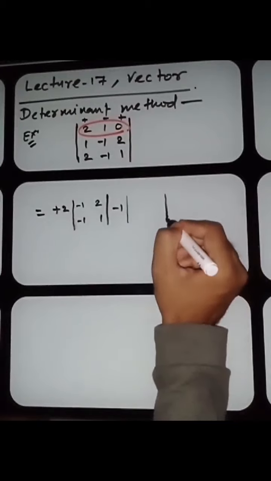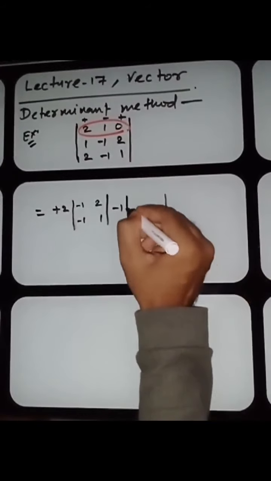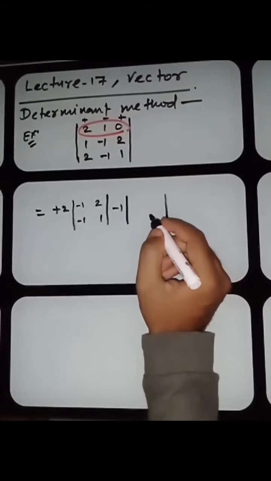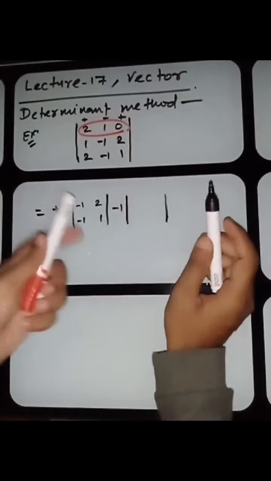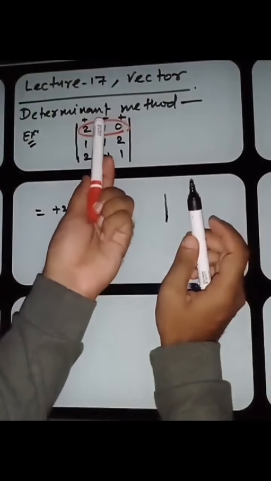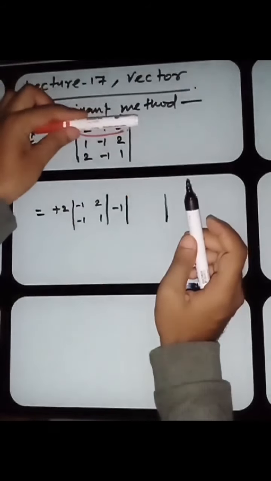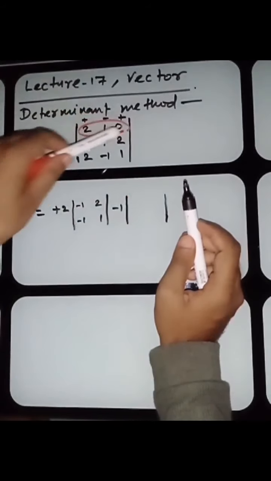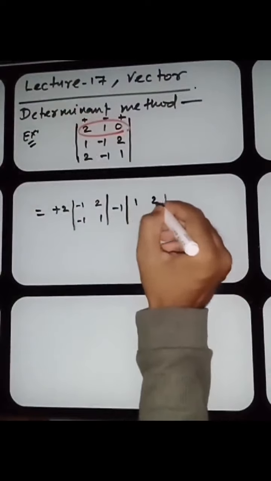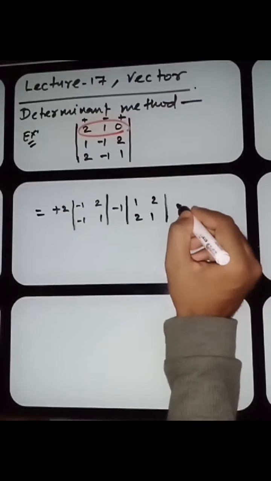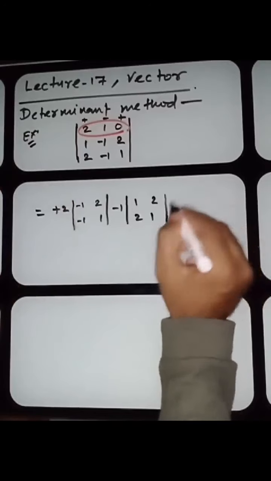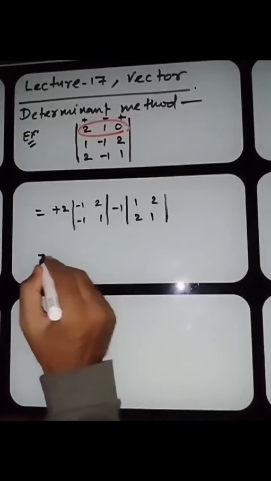Here I am teaching you how to use this determinant to simplify our work. Minus 1, you split this column and this row will be eliminated. So 1, 2, 2, 1. Now the next one is the 0, so the entire result is 0, so no need to write.